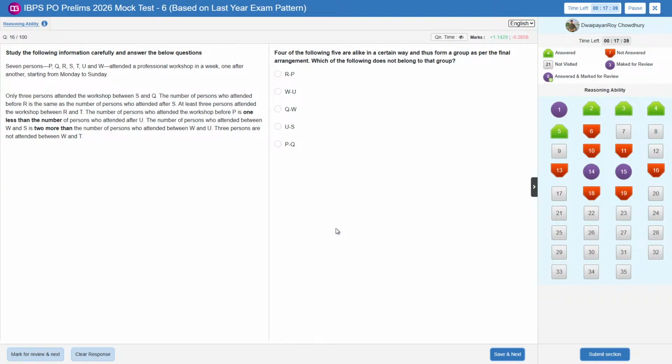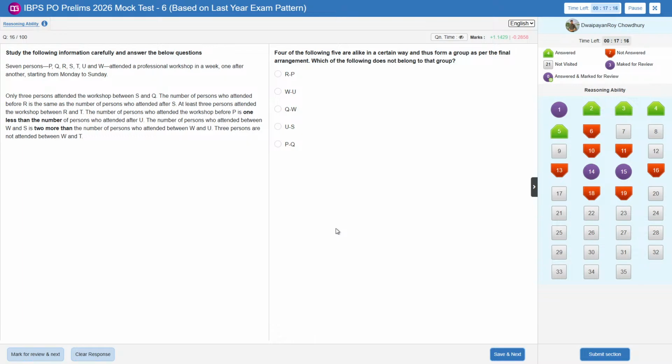Okay. The number of persons attended before R is the same as after S. So R, S not possible at the second position. At the first position, 1, 2, 3, Q and R. Then at the third position, 1, 2, 3, Q, 1, 2, R. Then at the middle, not possible.